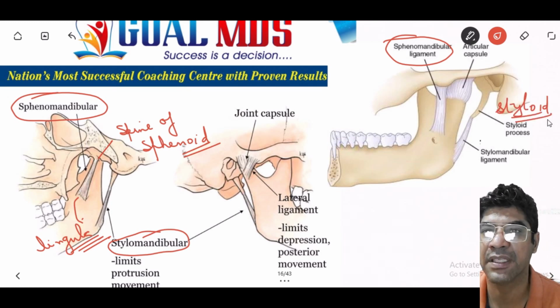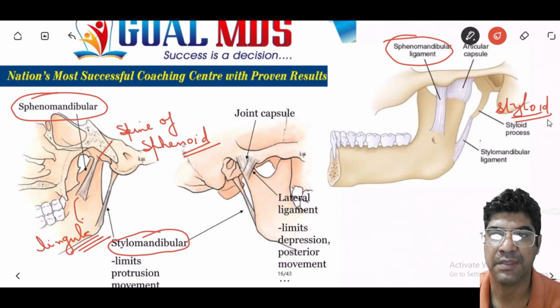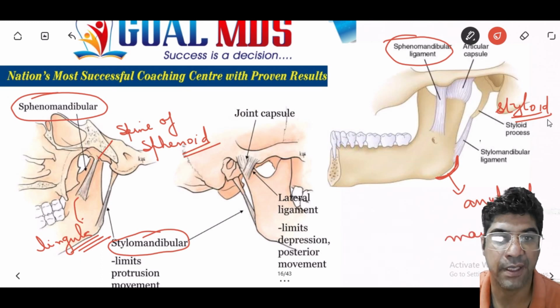The other ligament is the stylomandibular ligament. It originates from the styloid process of the temporal bone, and it is inserted into where? The angle of the mandible.